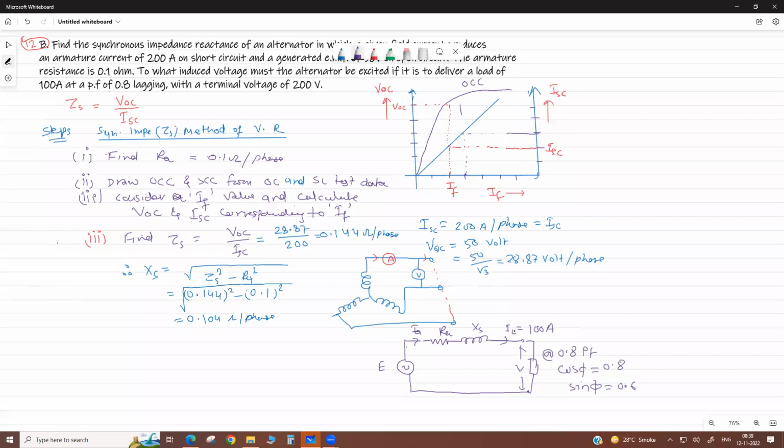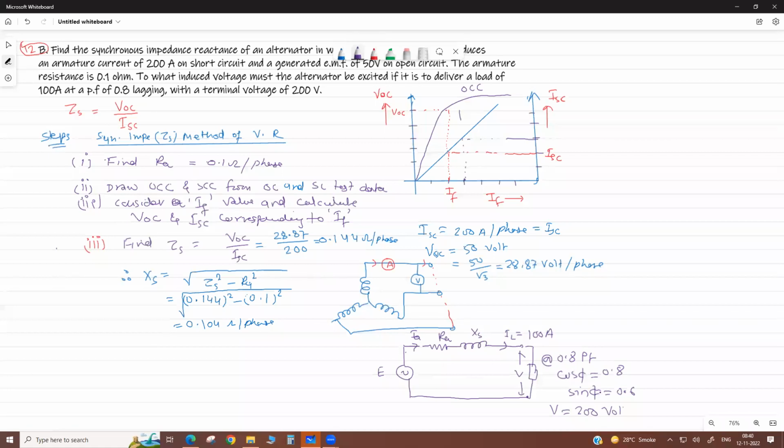Then the terminal voltage. This voltage V is given as 200 volt. But again it is a line voltage. So please convert it into phase voltage.